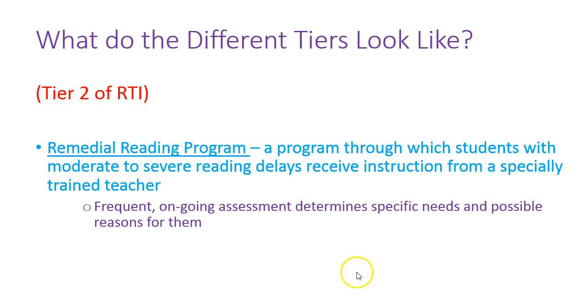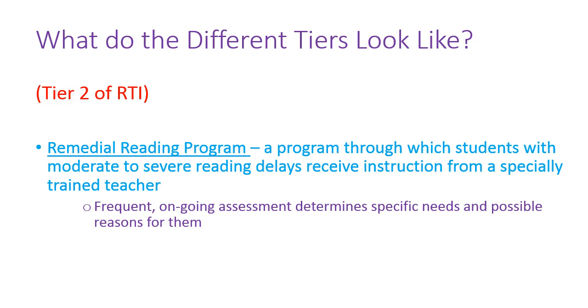A component of these programs is frequent ongoing assessment, so we can determine the child's specific problems and needs, and what interventions we're going to do to move them forward and fill in their holes, to help them develop those reading skills that have not developed.